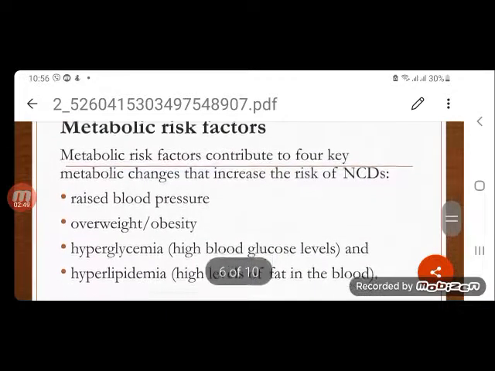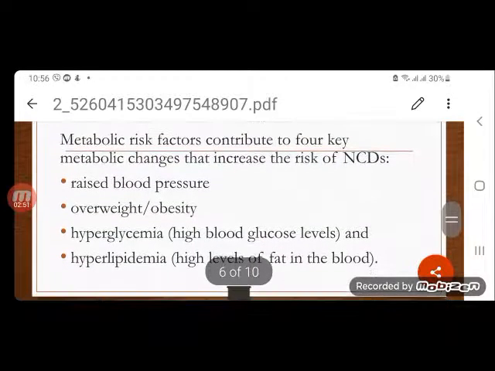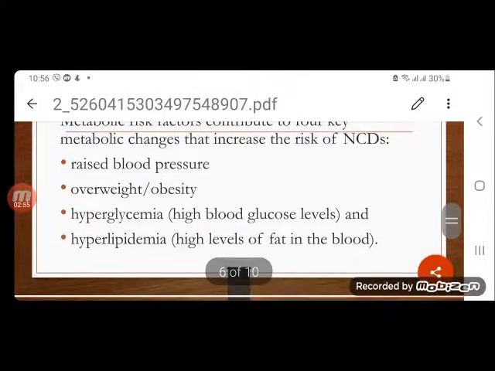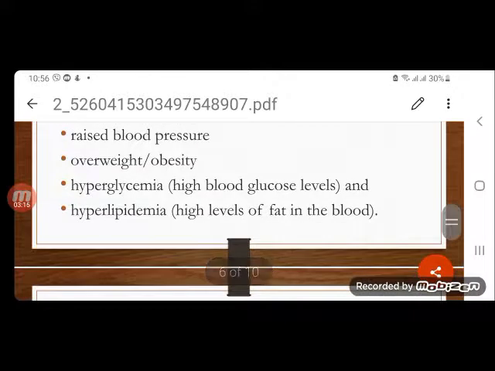Metabolic risk factors contribute to four key metabolic changes that increase the risk of non-communicable disease: raised blood pressure, which is also called a pre-hypertensive state; overweight and obesity; hyperglycemia, which is a high blood glucose level, but not a diabetic patient, a pre-diabetic starting to elevate; and hyperlipidemia, high levels of fat in the blood.